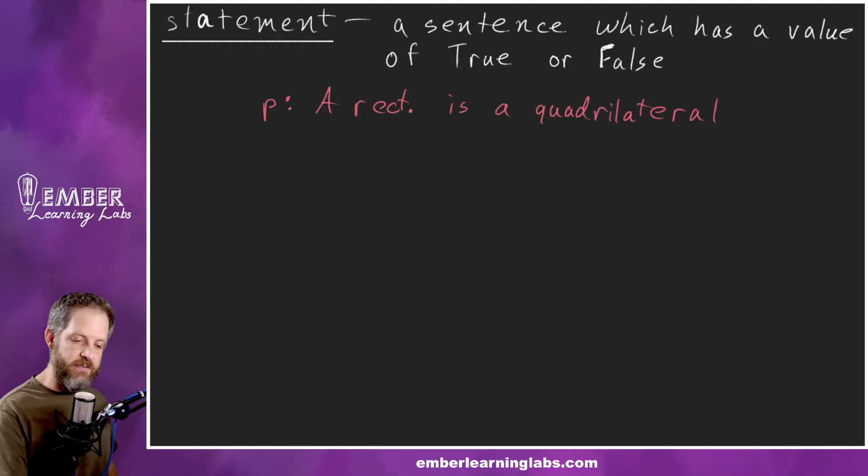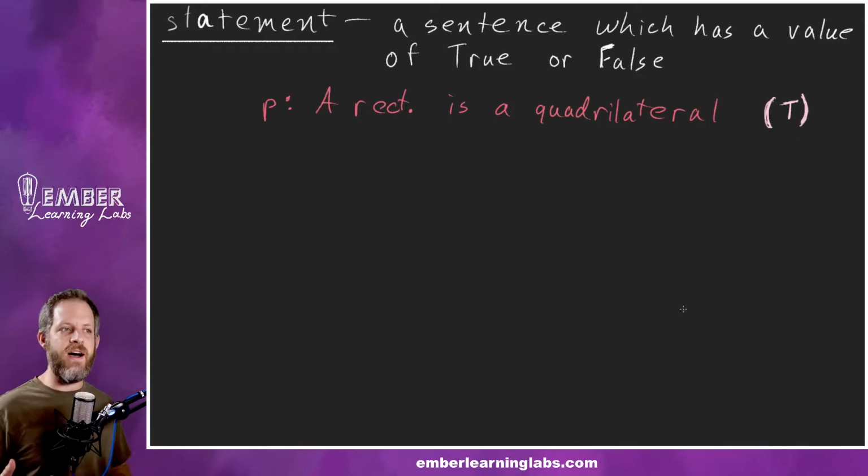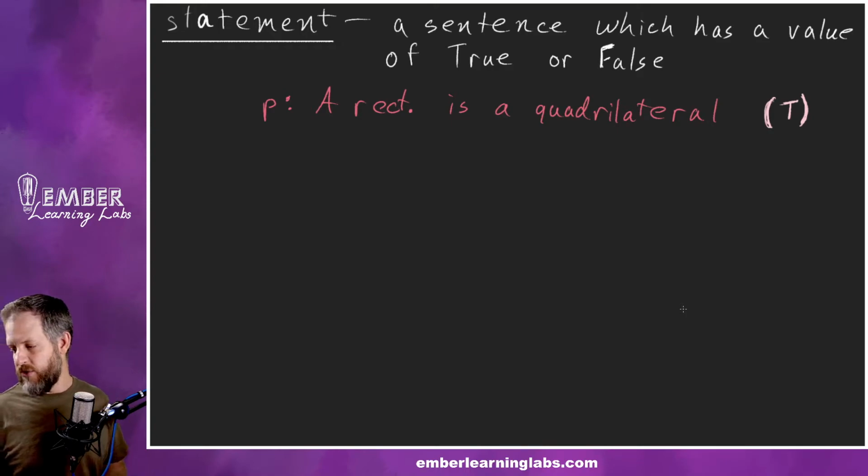This statement happens to have a value of true. A statement is true in this context if it's always true. One of the surest ways to figure out if something is false is if you can find a counterexample to the statement, then that automatically proves the statement false. There's not a rectangle out there that is not a quadrilateral, because a quadrilateral is a four-sided closed figure, and every rectangle is a four-sided closed figure, right? So that would be a true statement.